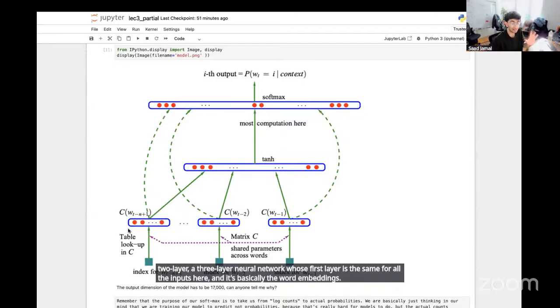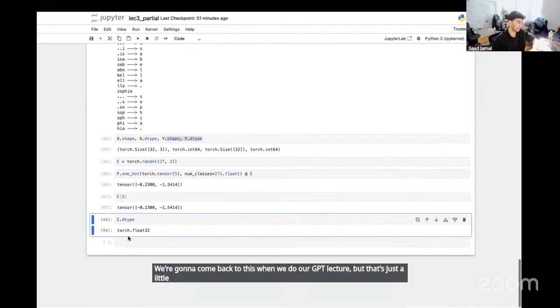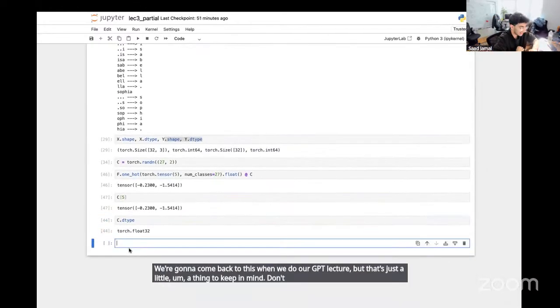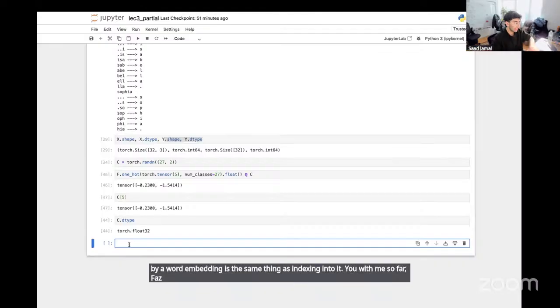We're going to come back to this when we do our GPT lecture, but that's just something to keep in mind. Don't worry about it if that got too confusing, because for the purpose of this lecture, we're just going to keep doing indexing. I was just trying to teach you all that multiplying a one-hot encoded vector by an embedding matrix is the same thing as indexing into it. You with me so far, Fizan? Yeah. Cool. Let's keep going.